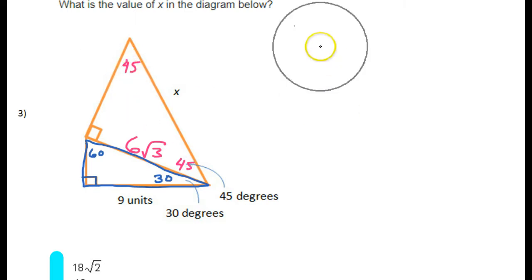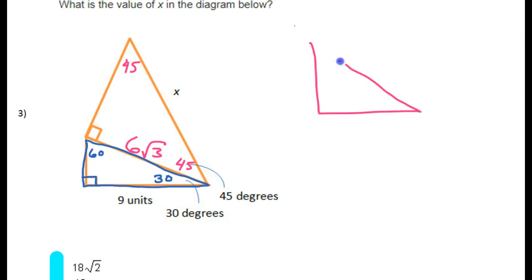So this is a 45, 45, 90 triangle. The reason why this is so easy is because this is always an isosceles triangle, meaning these two sides will always be the same.